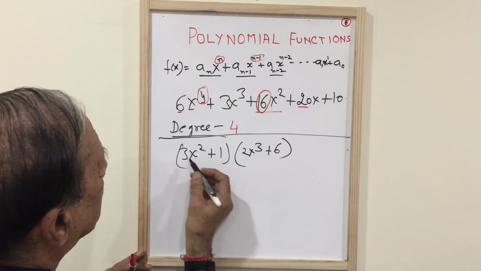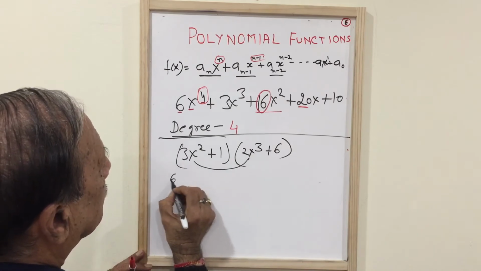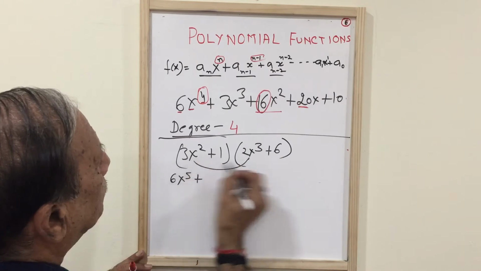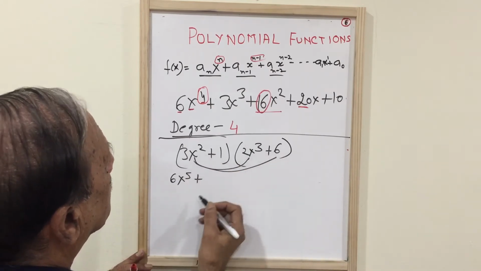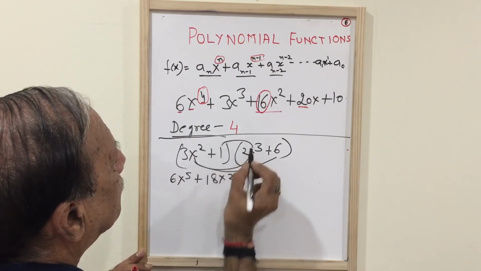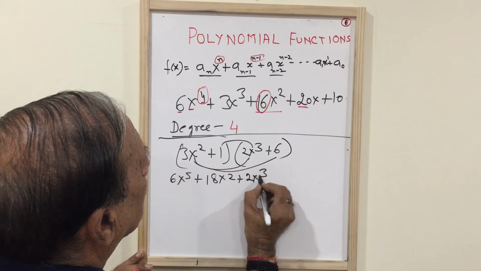So we'll simplify it. We have to multiply this by that. So it is 6x to the power 5, plus we will multiply 6 with the constant number, it's 18x square. Then we'll multiply 1 with 2x cube, so it is 2x cube again.